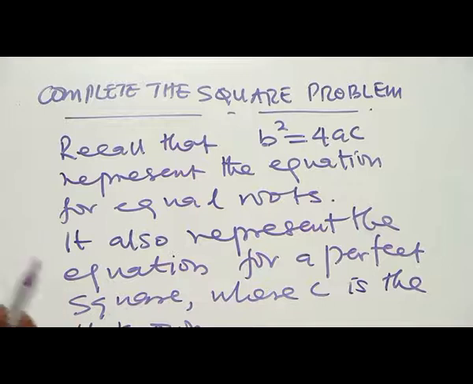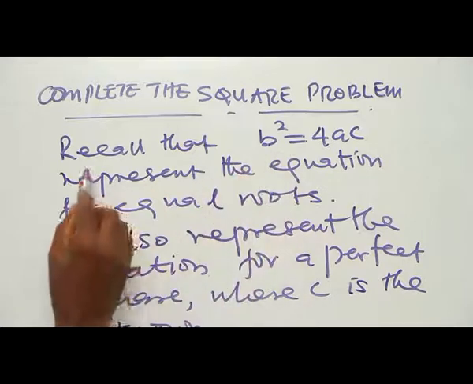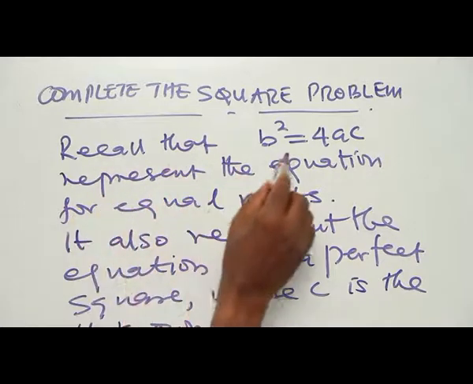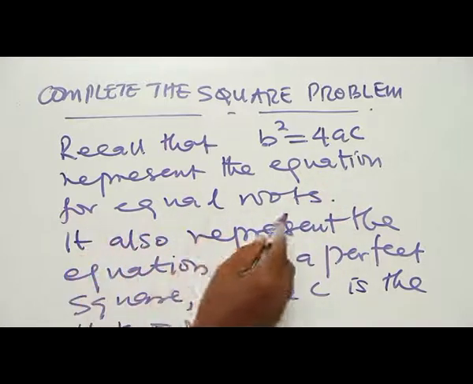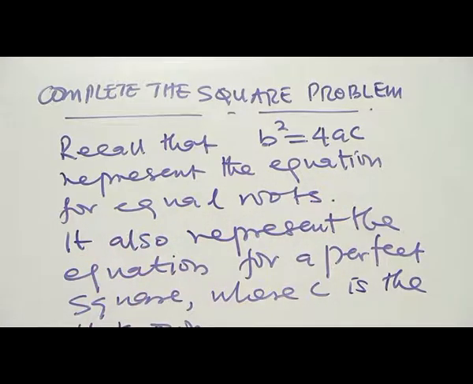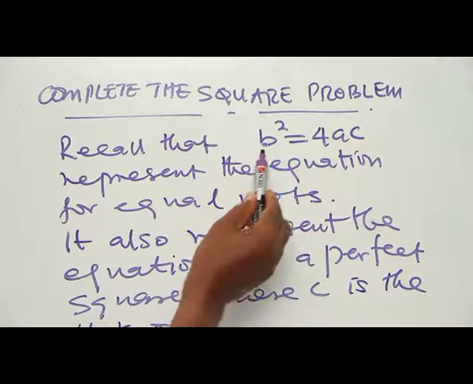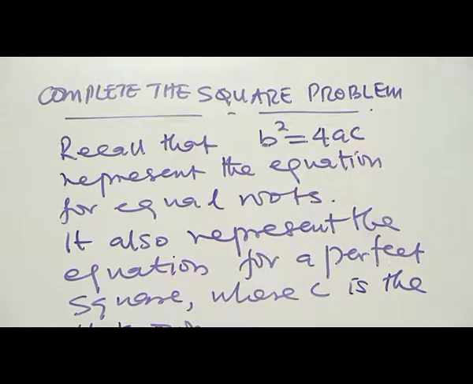This is gotten from the discriminant of the formula for solving a quadratic equation. I will not go too deep into that, but let's recall that b squared equals 4ac represents the equation for equal roots. When you have to algebraically find the roots of an equation for equal roots, you will use b squared equal to 4ac.